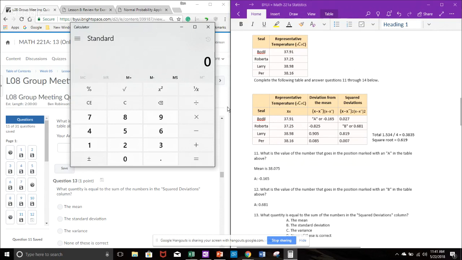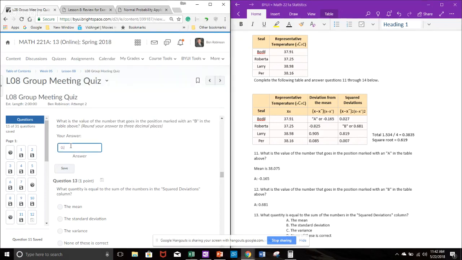So the rounding is what was wrong, because in this first column next to Roberta, it's 37.25 minus the mean, which is 38.075. So that's negative 0.825. Then put that to square, and it's 0.68, and then the 6 rounds that to 1, so it's 0.681. Okay, I got it. Thank you.